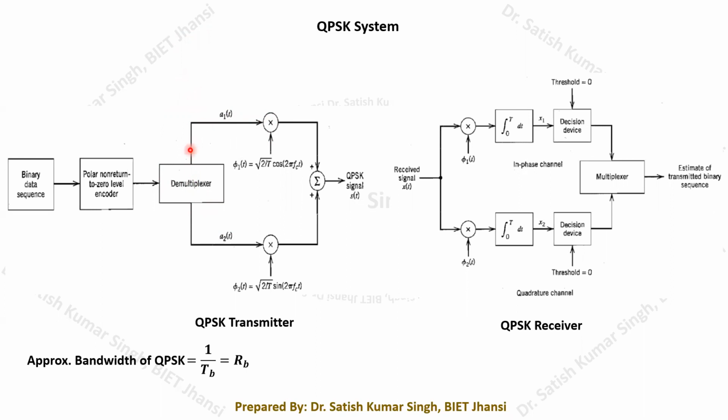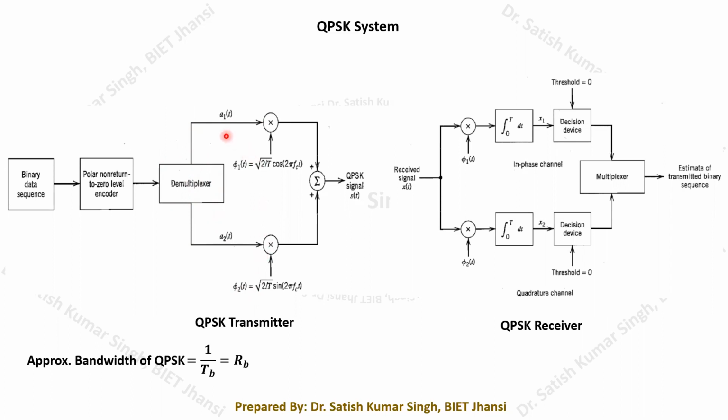So when it is 0, 1, this negative pulse is multiplied here, and corresponding to 1, the positive pulse is multiplied with the basis function phi 2. Here you can also represent it as two boxes, with the first line connected to the first box and this one connected to the second box. That is the meaning of the demultiplexing: the first signal has to be multiplied here, and the second signal here.